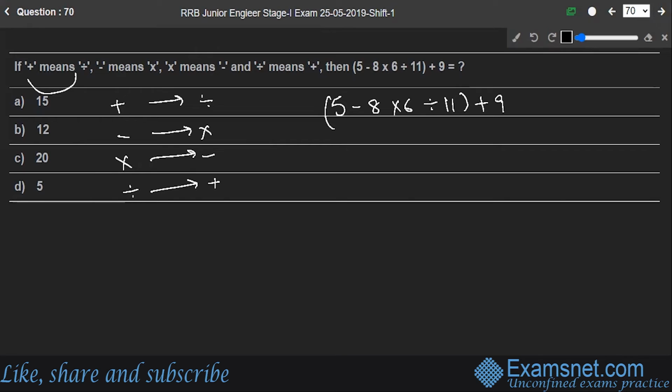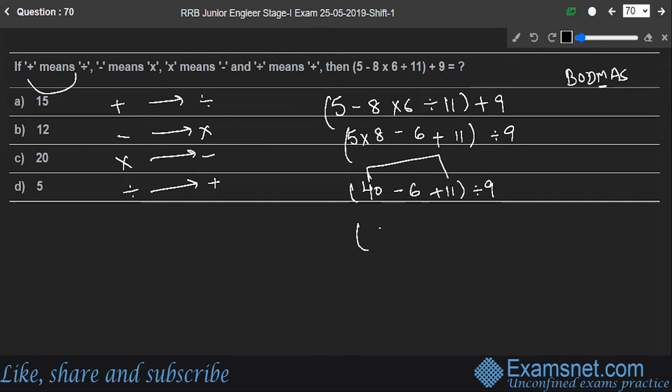After applying the code, you have 5 multiply 8 minus 6 plus 11, and this whole is divided by 9. So let's apply the BODMAS rule. Brackets will be solved first. Inside the brackets, first of all, I'll go for the multiplication. This will be 40 minus 6 plus 11 divided by 9.